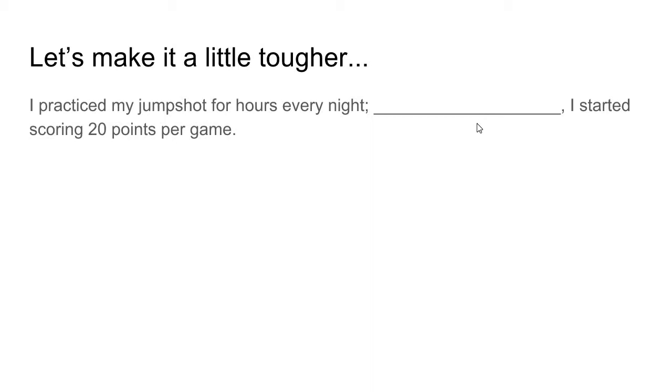The sentences don't necessarily go together totally, so we need a transition, like a cause and effect, or a time sequence, or a compare and contrast, or adding additional information. So I practiced my jump shot for hours. Now I'm scoring 20 points a game. That feels like a cause and effect to me. So you could use something like consequently, or subsequently, or therefore.